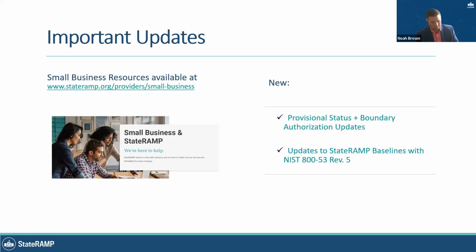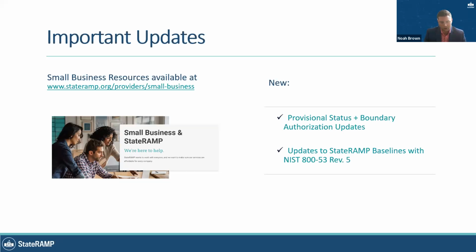One of the big pain points we've heard from any RAMP program is requirements related to leveraging third-party tools that must be, in our case, StateRAMP authorized in order to become fully StateRAMP authorized yourself. So we have some really wonderful updates coming in the next couple of weeks related to a provisional status with boundary authorization updates.